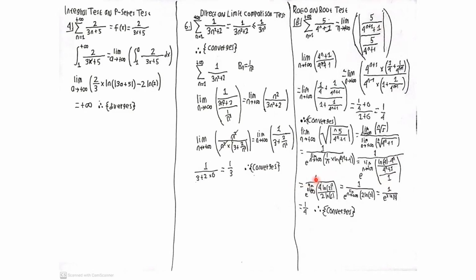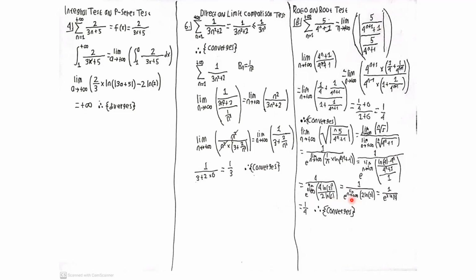So the equation will be 1 over e to the limit as n goes to infinity of 4 ln 2 times the square root over 2 ln 2. So in the end, we follow the limit.